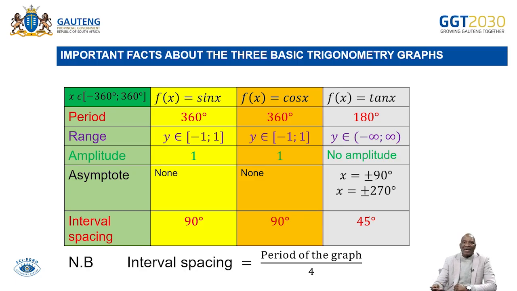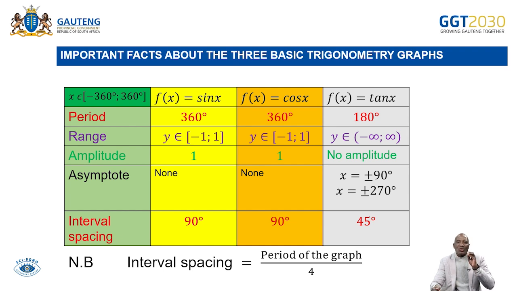Right, you'll remember we spoke, you can see the period. The period for sine is 360. There is a standard formula that we use to space out angles. It's called the interval spacing. You take the period of your graph. Now that you know the period is 360, you always divide by 4.